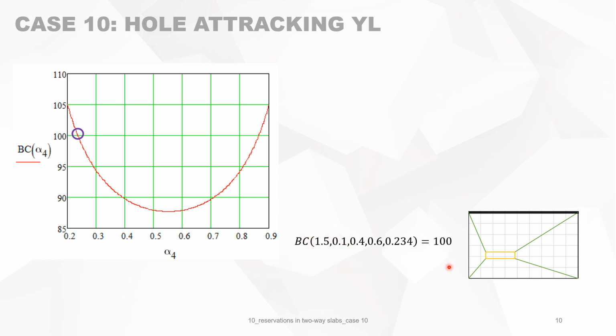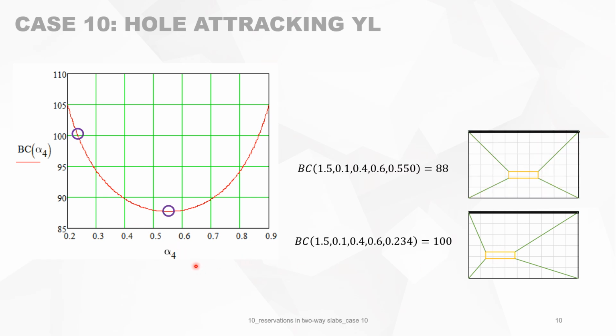The reservation is always 0.1 times 0.2, and the distance from the upper edge, which is D3, is 0.6, and this is alpha 4, the position of the hole. You will see the hole move from there to there. The hole is fixed in dimensions, but not in position. Only the vertical position is fixed by D3.